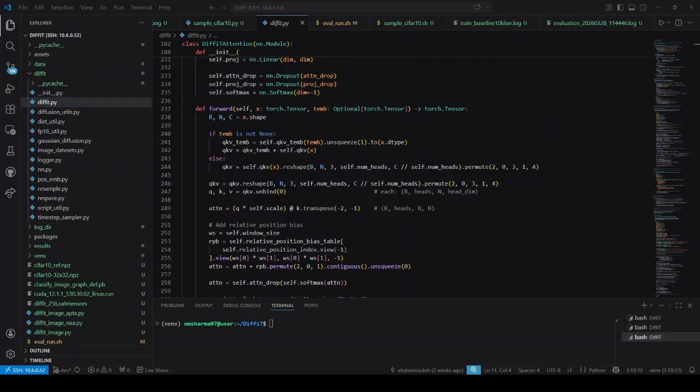For our first experiment, I used the pre-trained latent DiffiT model provided with the paper and evaluated on ImageNet 256. The latent DiffiT pipeline is different from the image space one.